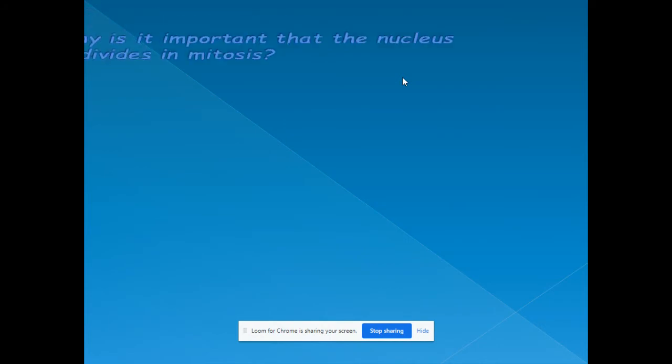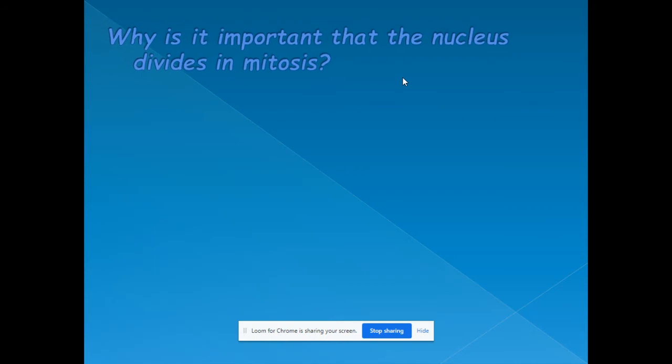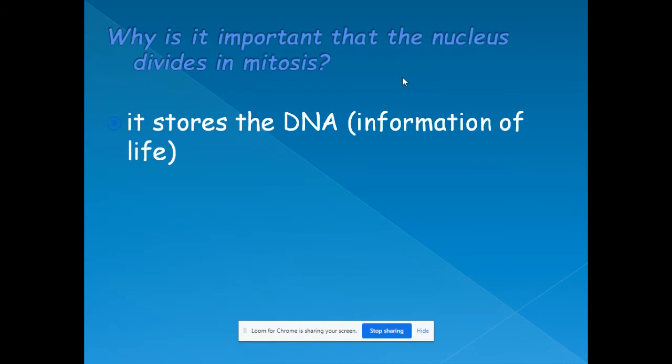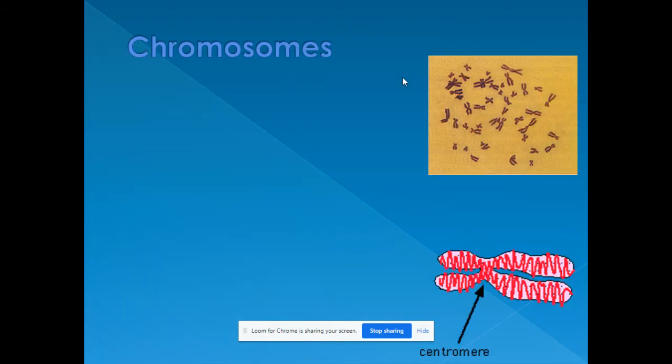Important question. Why is it important that the nucleus divides in mitosis? Well, the nucleus stores the DNA, which is the information of life. Also, all the new cells need this information. So the DNA can be seen as chromatin during the interphase, where you cannot see it.